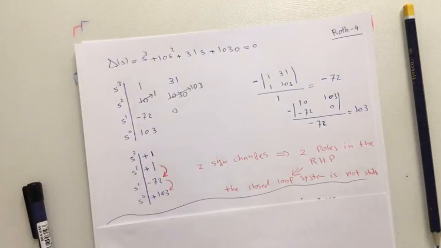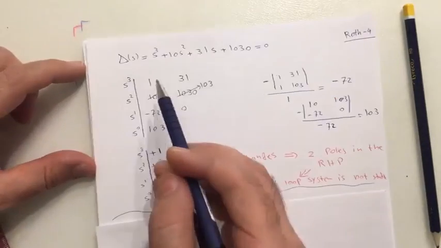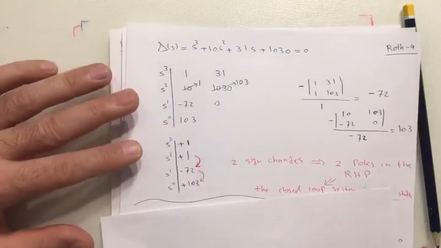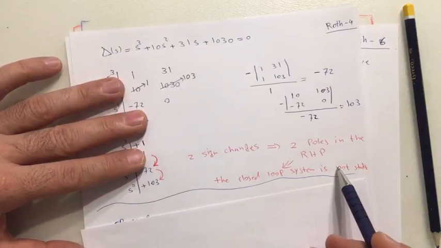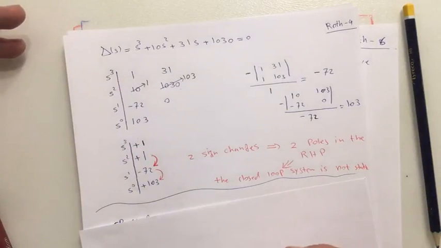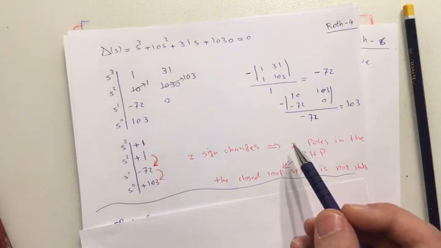So actually we decided about the stability, but I can also mention that because the polynomial is of 3rd order, and we found that 2 poles are in the right half plane, therefore we can say that the last pole is in the left half plane.